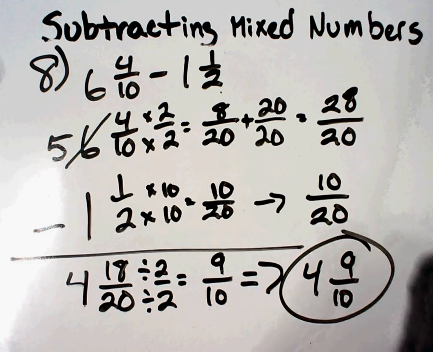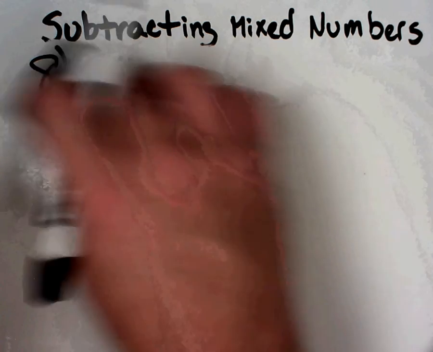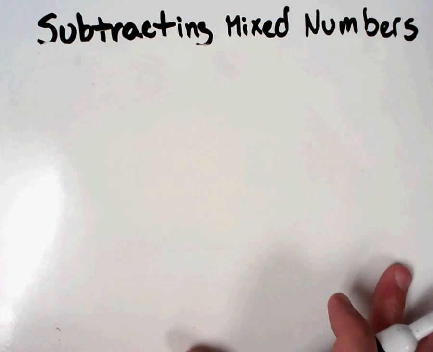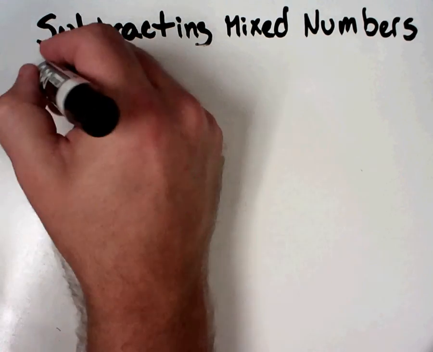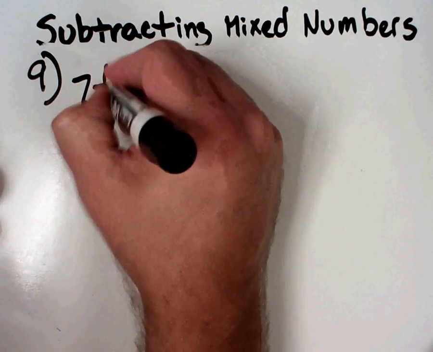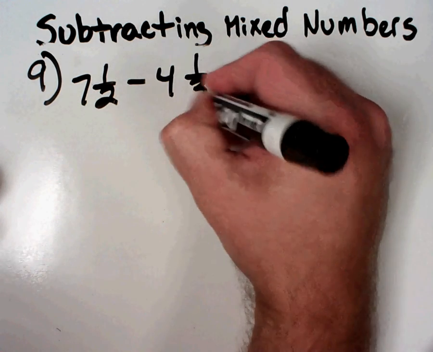All right, on to number 9. For number 9, we've got 7 and 1/2 minus 4 and 1/3.